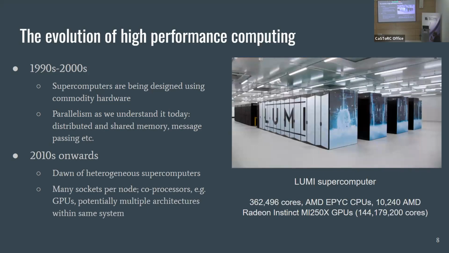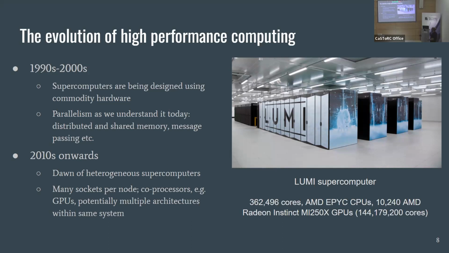And later on, in the past decade, we have the dawn of heterogeneous supercomputers, which means we have many sockets per node, co-processors. So we have nodes with CPUs, GPUs, TPUs, etc. And ARM, x86, x64. So multiple architectures within the same system.